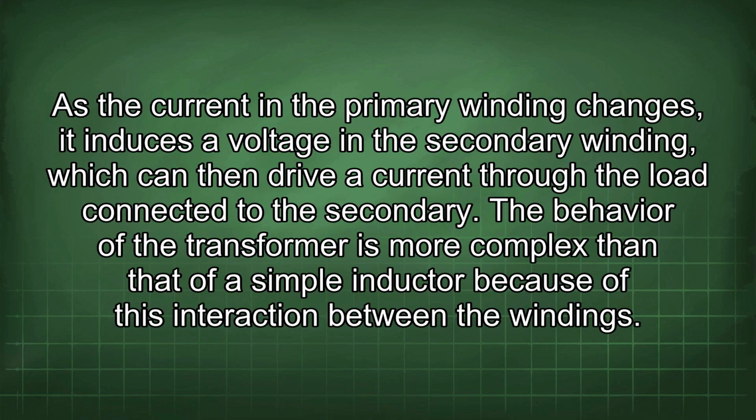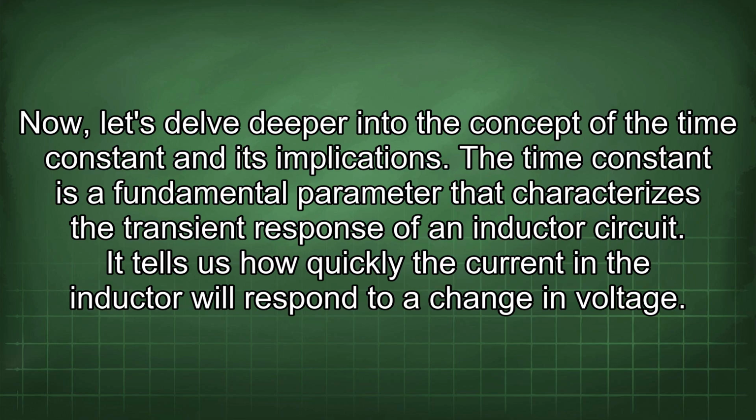As the current in the primary winding changes, it induces a voltage in the secondary winding, which can then drive a current through the load connected to the secondary. The behavior of the transformer is more complex than that of a simpler inductor because of this interaction between the windings. Now let's delve deeper into the concept of the time constant and its implications.